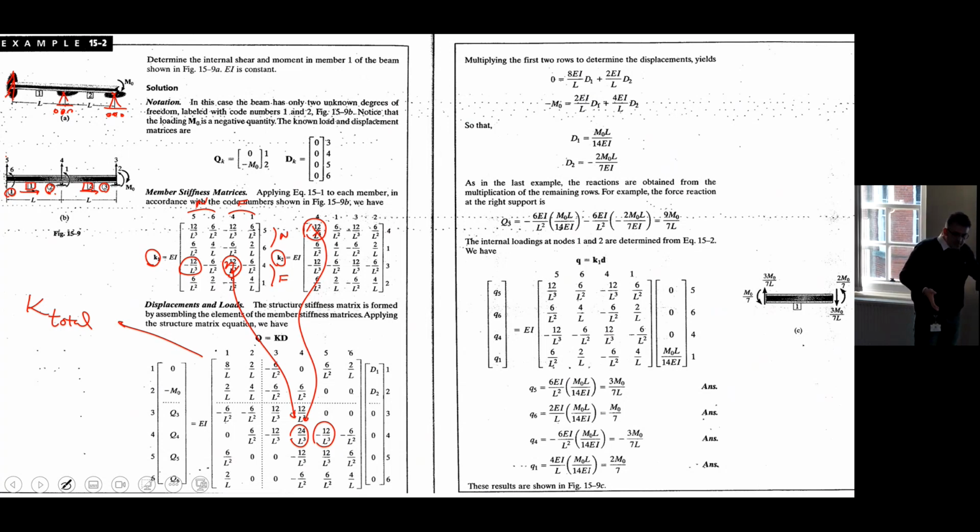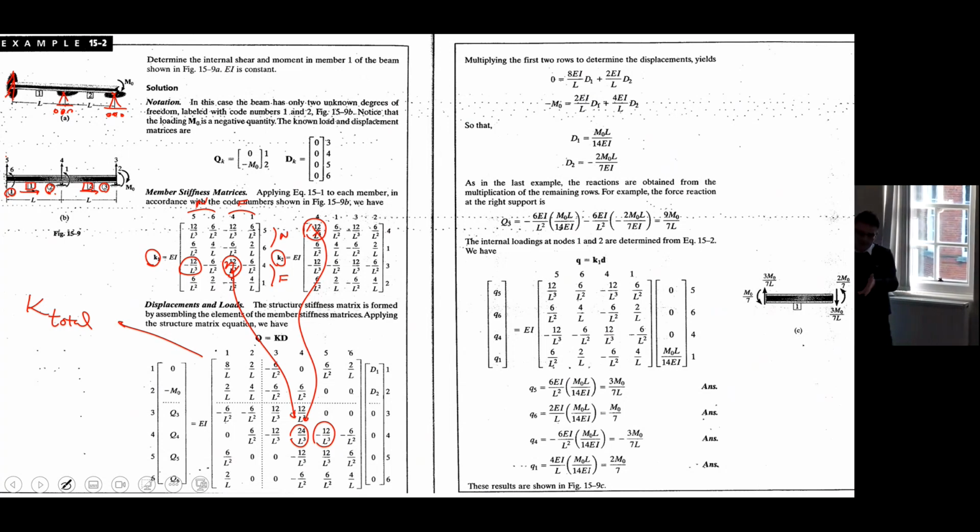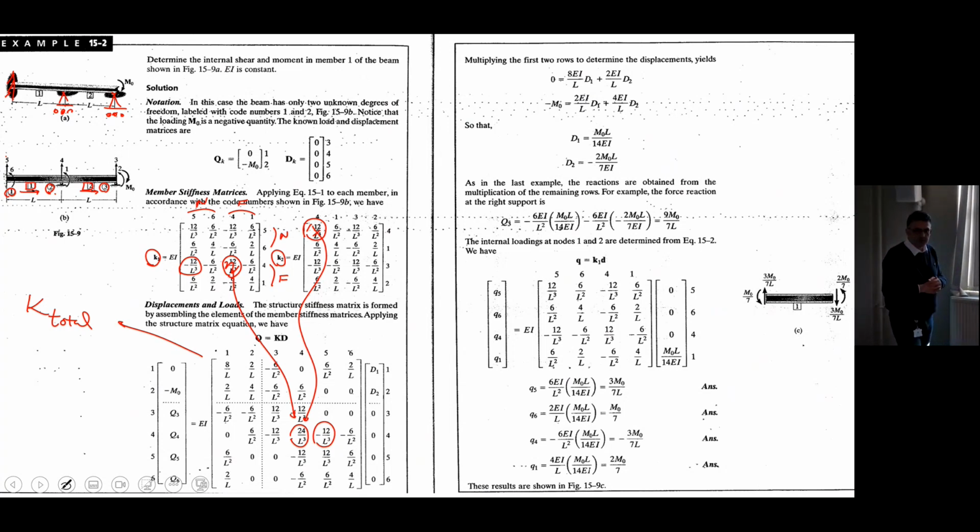However, we will eliminate that row and column because we have some support there. But before applying the support, number 4 gets some stiffness from the left-hand side and right-hand side element because it's at the junction of connection of 2 elements.